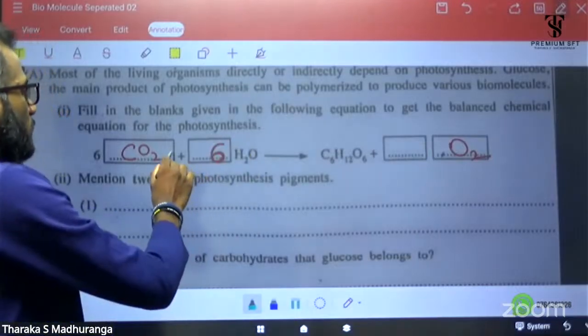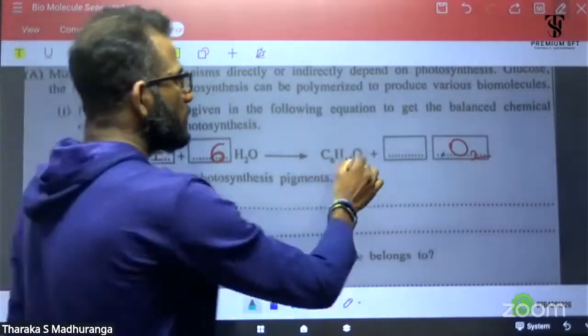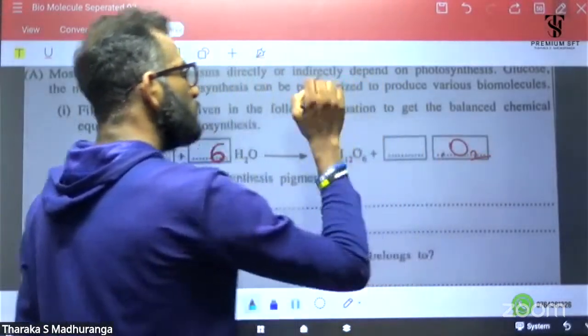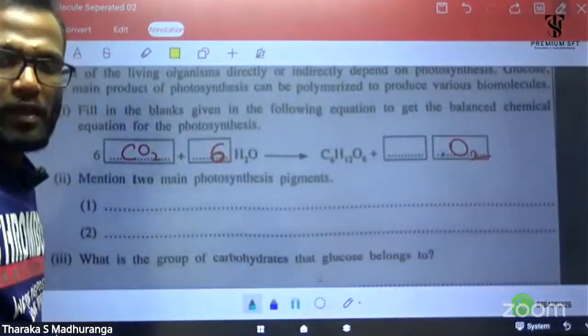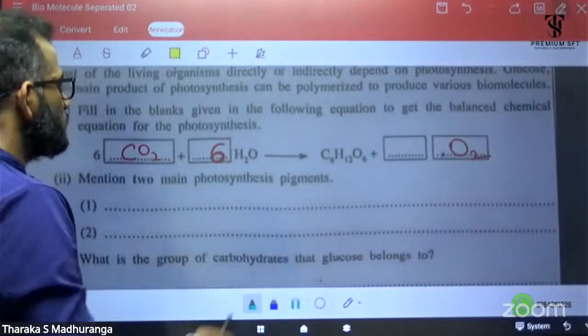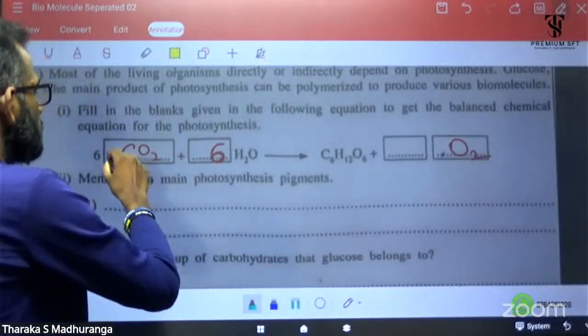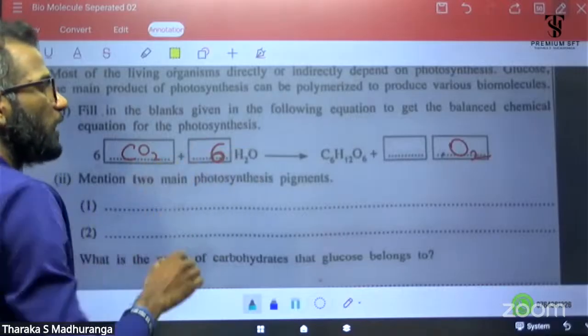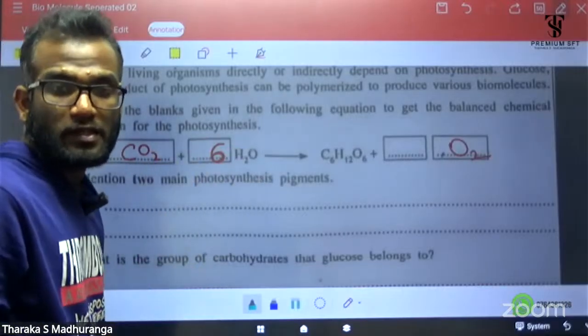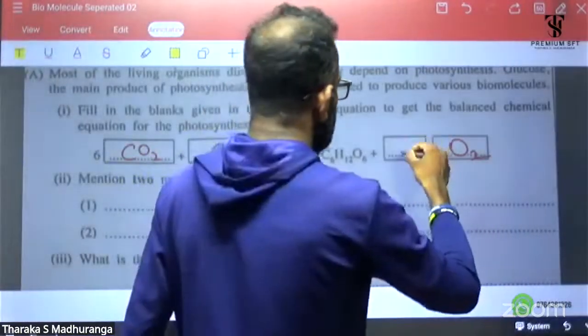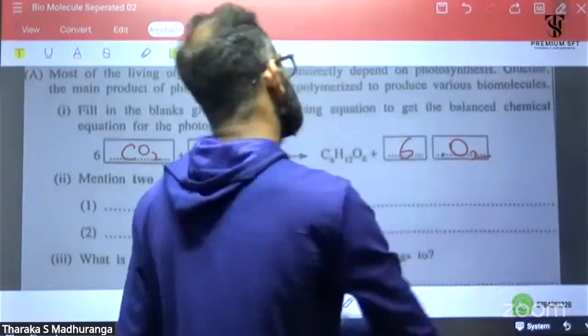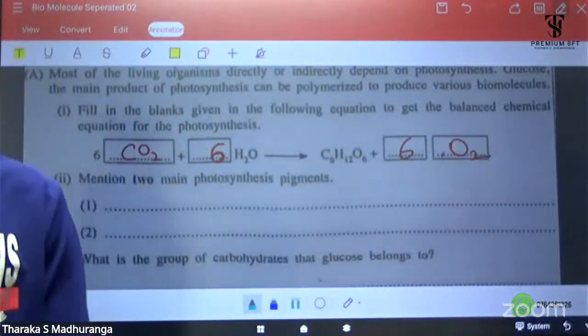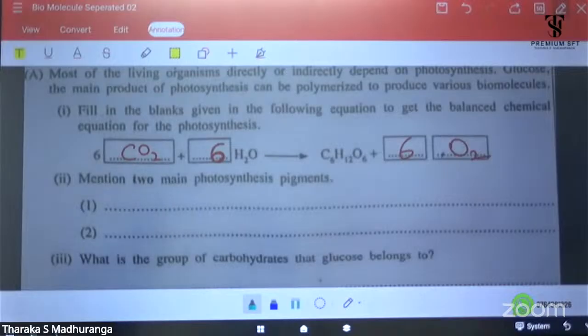Then how many oxygens? 6 plus 2, 8. Now the left side oxygen 12 plus 6, 18. Now we have to add 6. This is the balanced chemical equation for photosynthesis.